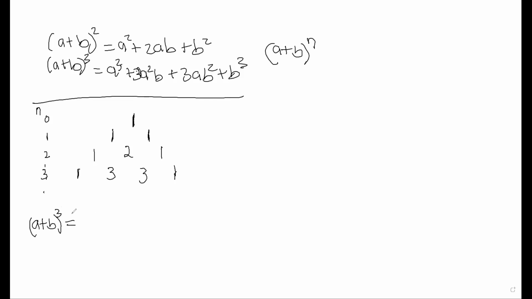cubed is equal to the first. These are the coefficients of the whole answer here. See, there's 1, 2, 3, 4 terms. You see here 1, 2, 3, 4. And then you look at the first coefficient is 1. And then you put the a.